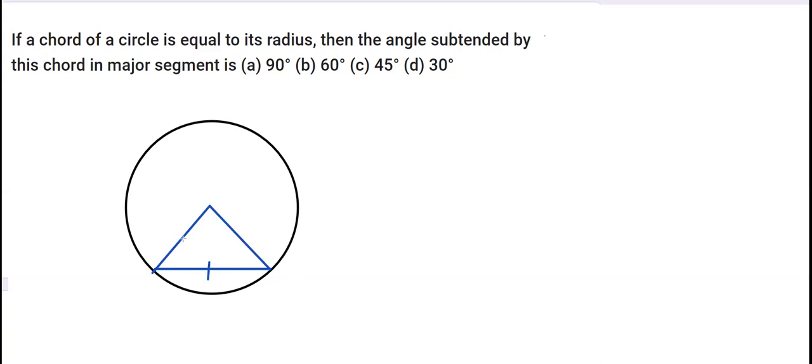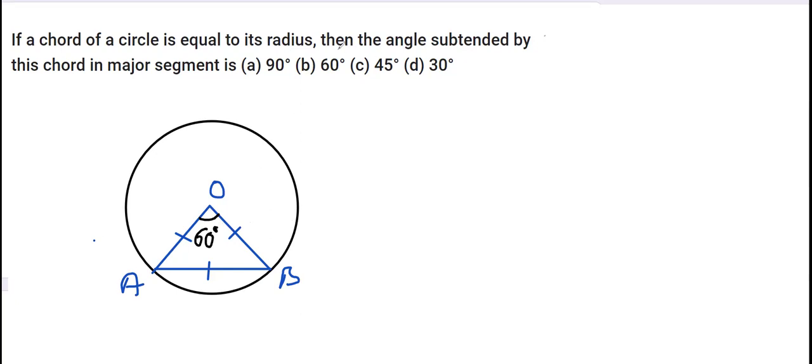So here this chord is equal to the radius. If I name it AB and the center being O, clearly AOB is an equilateral triangle. And we also know that each angle of an equilateral triangle is 60 degrees.